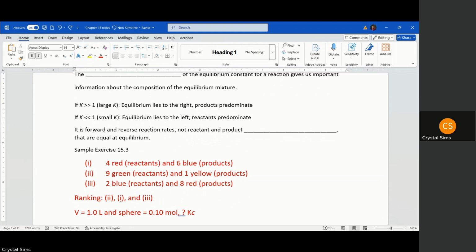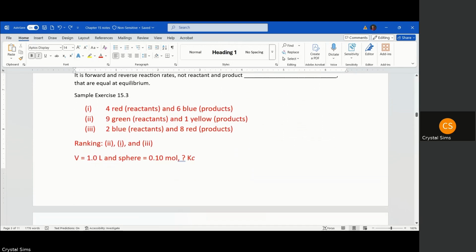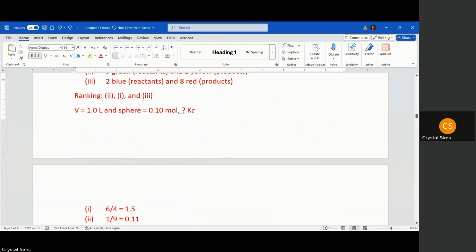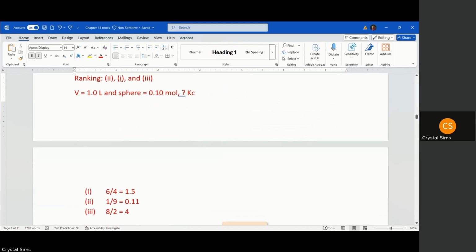So in 1, we have 0.60 mole per liter of our product and 0.40 mole per liter of our reactant. So we will divide, and I just chose here to divide by the number of spheres since each sphere is 0.1 mole. We'll get the same answer. We get Kc of 1.5.